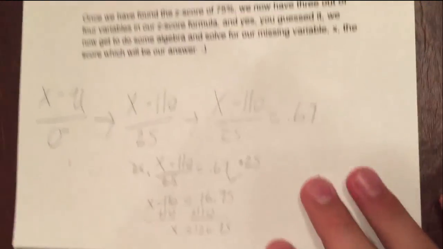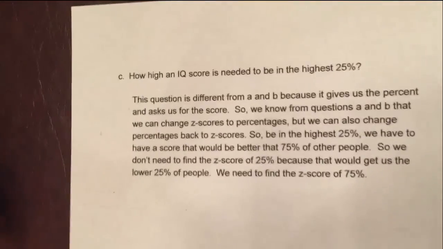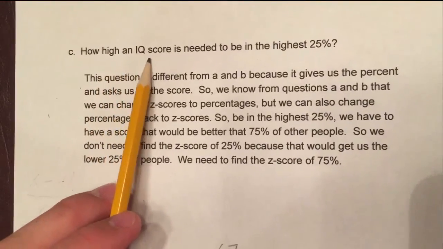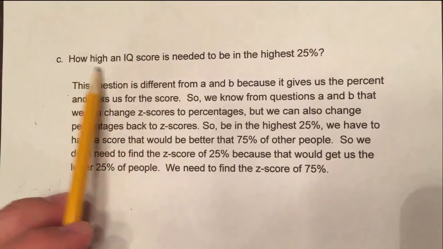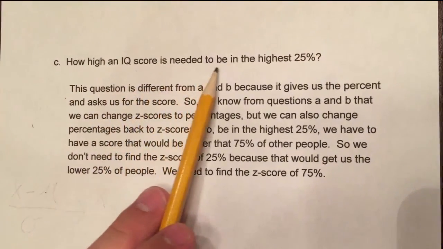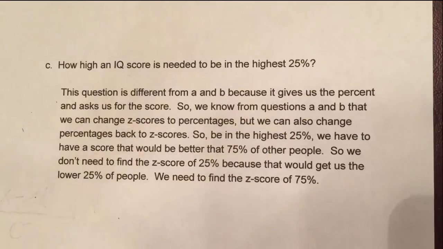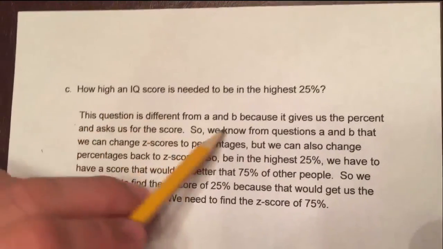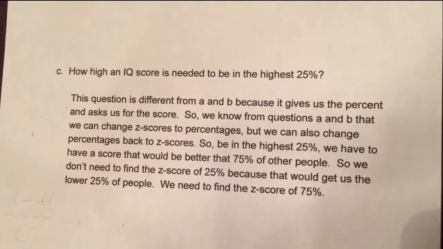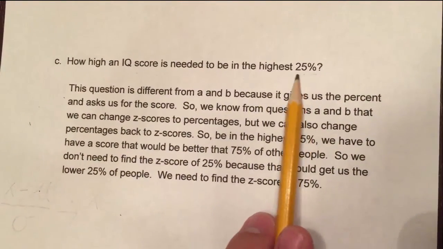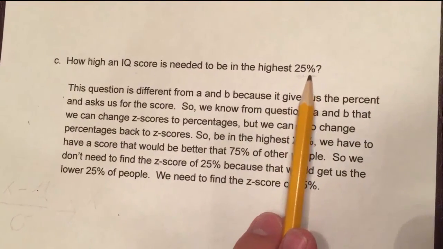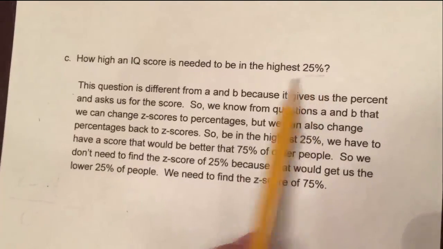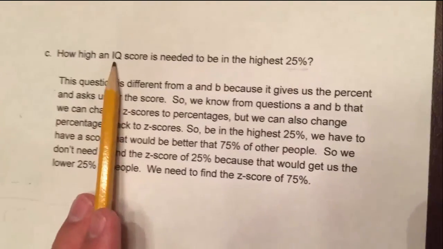Now, moving on to question C. How high an IQ score is needed to be in the highest 25%? So now, this is much different from our A and B, because this gives us our percent, so in essence, it gives us our z-score, and it asks us for an IQ score.